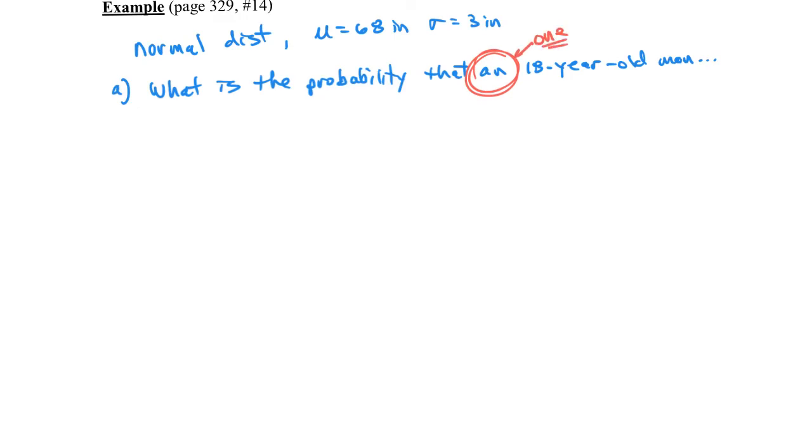So to convert to a z-score, we use our old formula from section 6.3, because we're just talking about one person. We've got this one data point. What is the probability that an 18-year-old man selected at random is between 67 and 69 inches tall? So they're basically saying this. What is the probability?